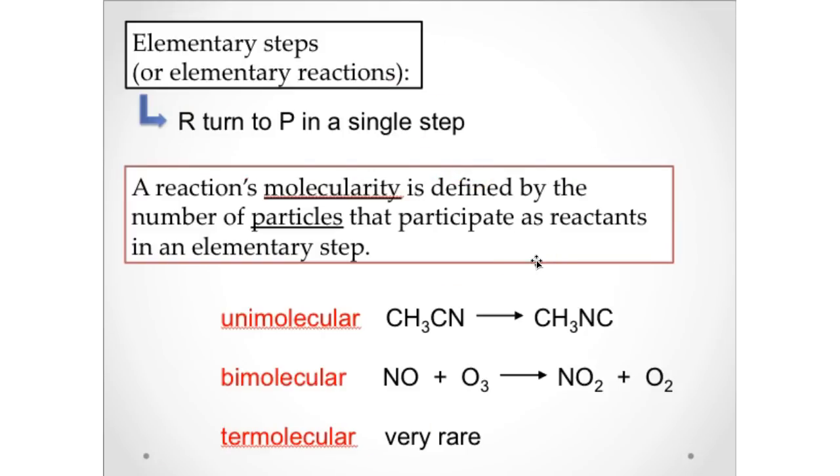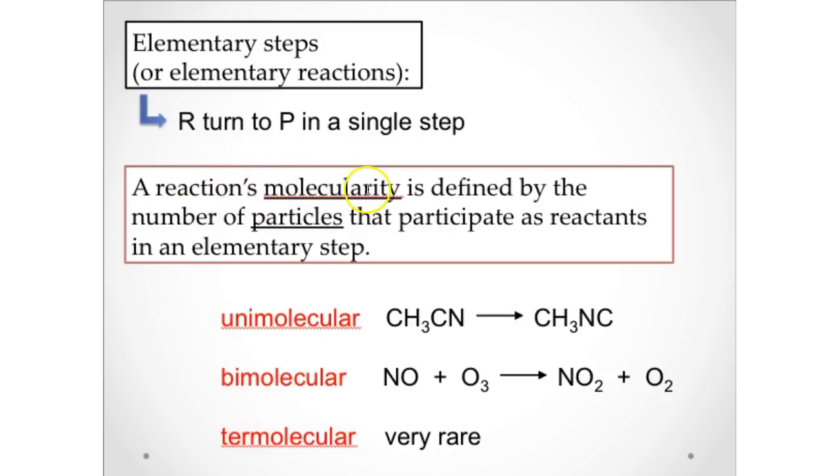Before I talk about these reaction pathways or the reaction mechanism, you have to know what elementary steps are. Elementary steps are just a sequence of steps in which you're making certain products. Right here it says elementary steps or elementary reactions: a reaction turns to product in a single step.